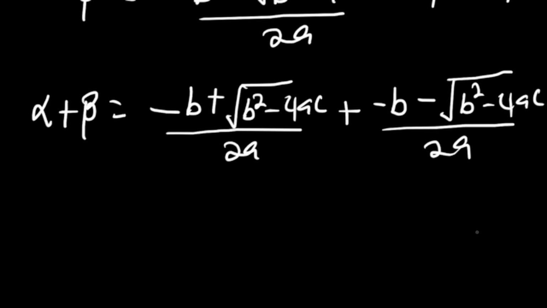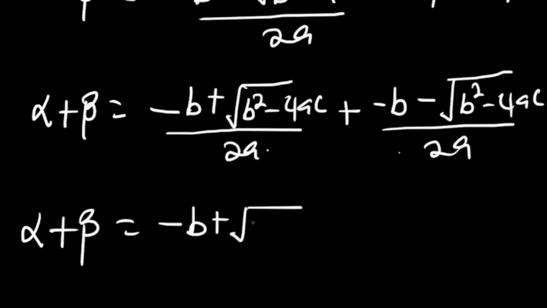Now we have two fractions. What do we do in this case? We can see that they both have the same denominator, 2a. Since they have a common denominator, we don't have to bother about getting a common denominator for the two. Therefore, we just pick one. Hence, alpha plus beta equals negative b plus the square root of b squared minus 4ac, then minus, because this plus multiplied by this minus gives us a minus.